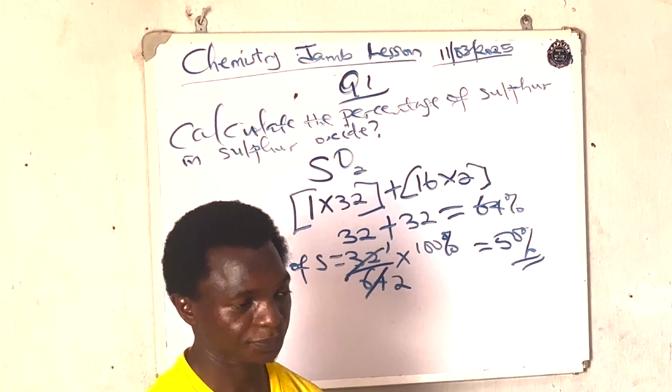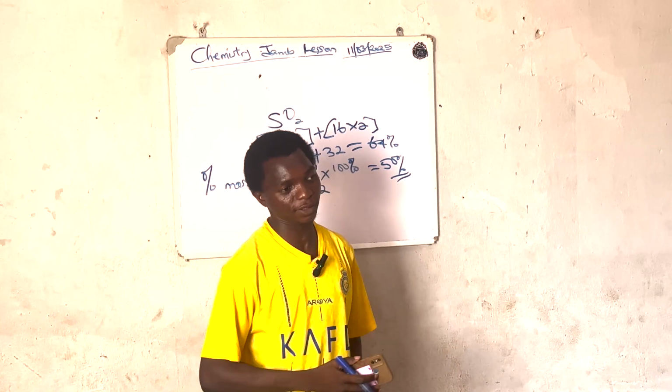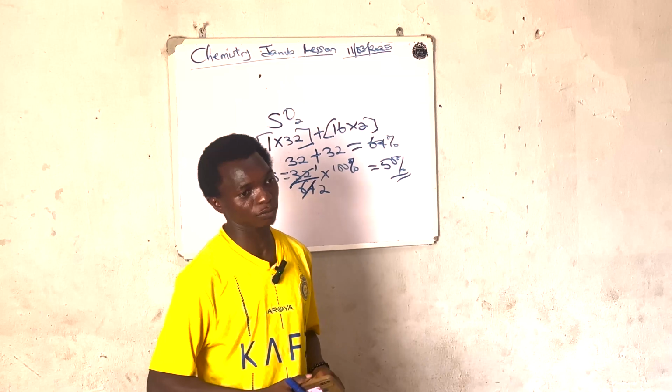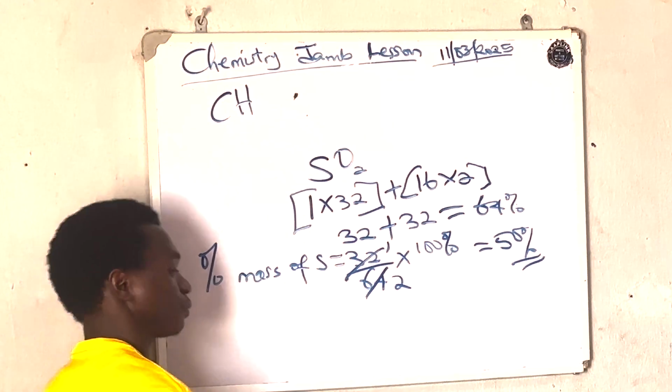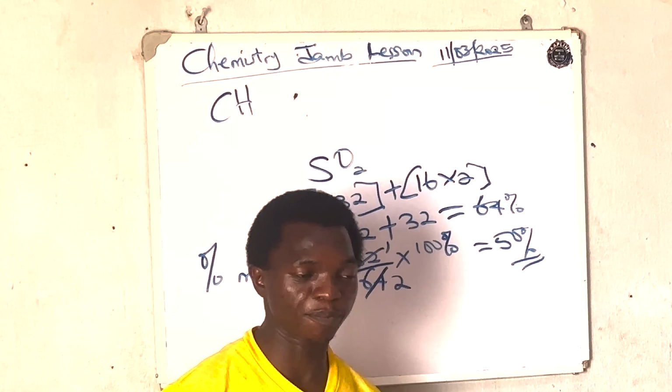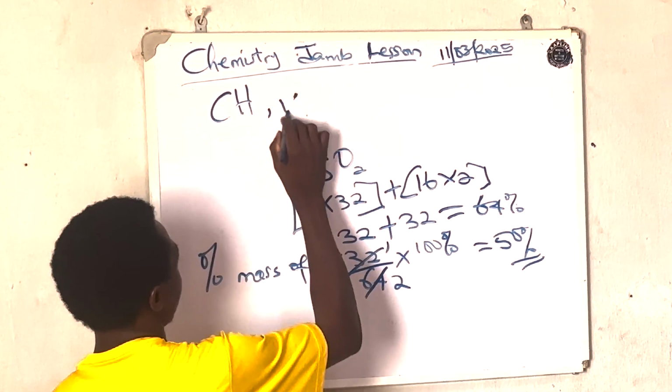Before us, in example 2, we are given a hydrocarbon compound whose empirical formula is CH, and we are given the vapor density of that compound.